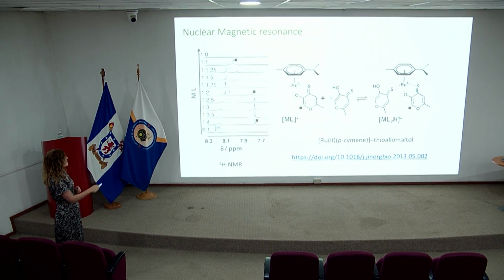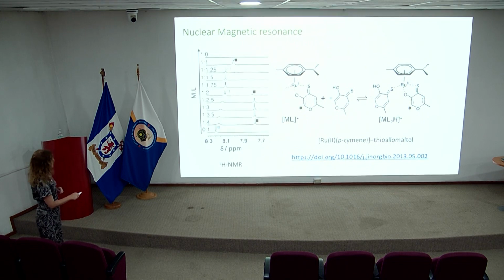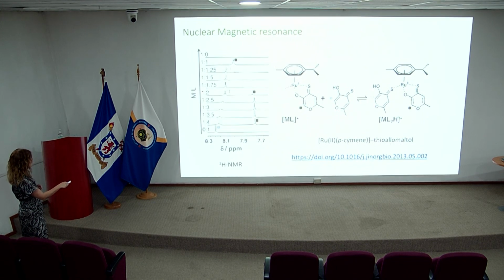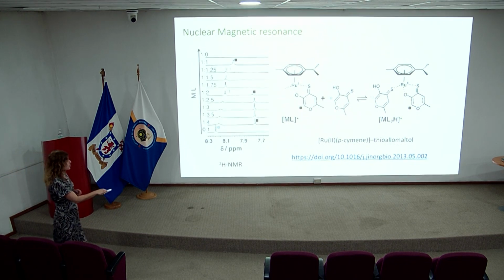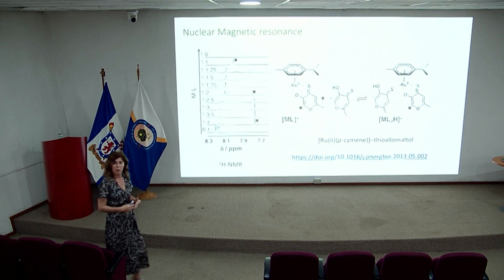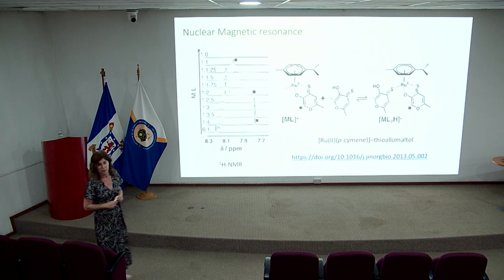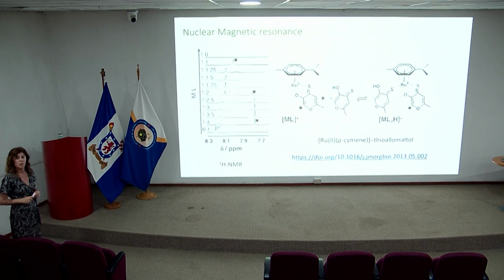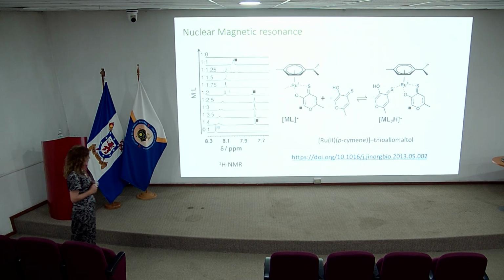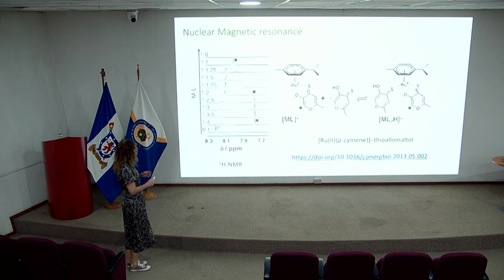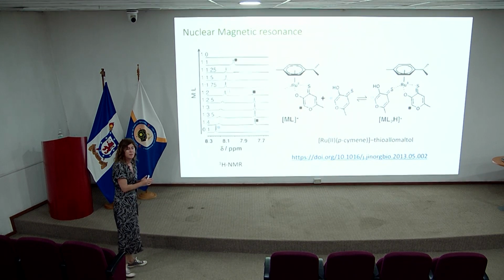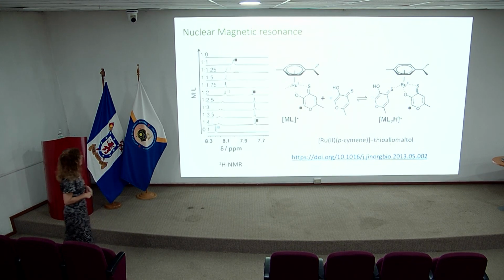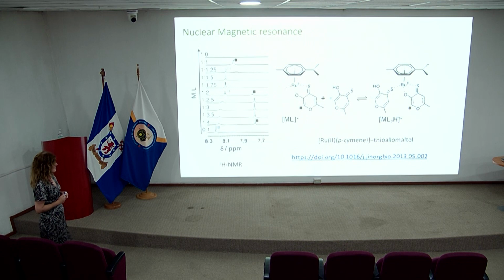And for instance, when we have 1-to-2, what we should observe are two peaks due to the different coordination of the two ligands, which are not equivalent in NMR terms. So NMR is quite powerful to study these diamagnetic complexes. Of course, this study can also be done by changing the pH, if that's what we're interested in.